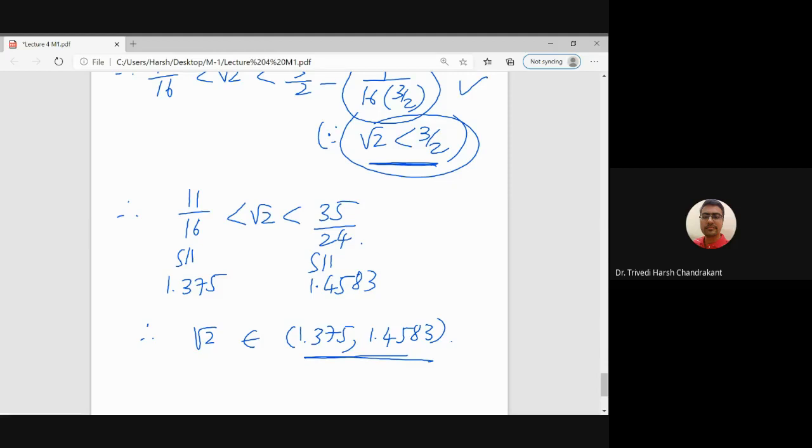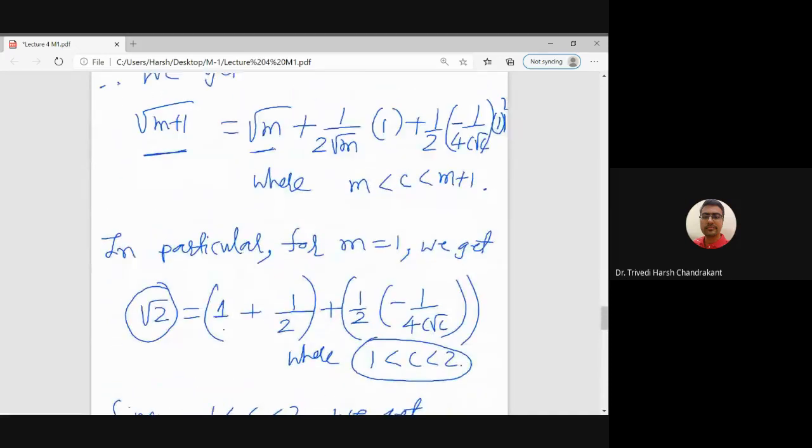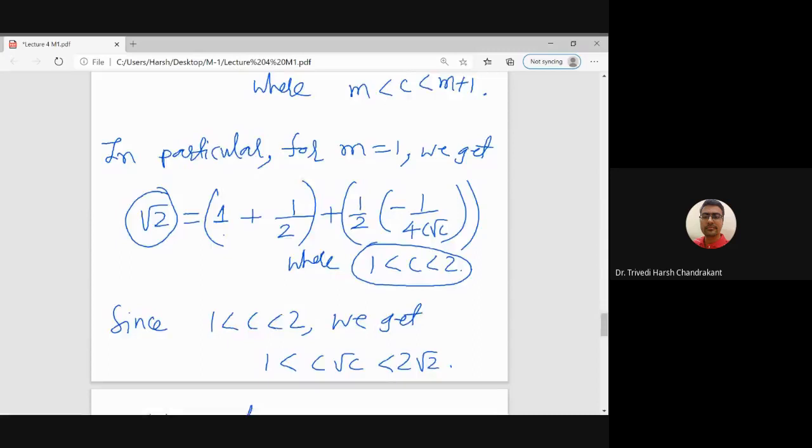You can also apply the mean value theorem and get such an interval by applying usual mean value theorem, and then you can do for the third derivative. So what we can observe there is that this interval will become smaller and smaller. So that is essentially the meaning of what we are saying here, that the error is basically going to 0.